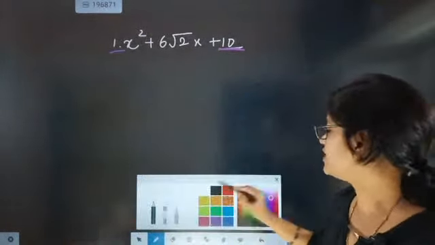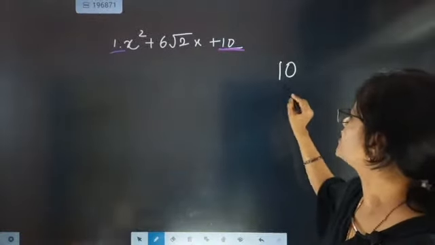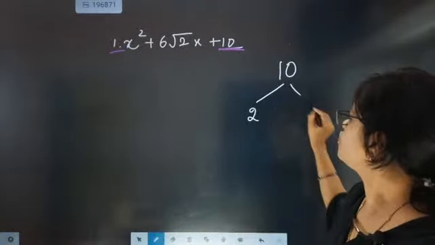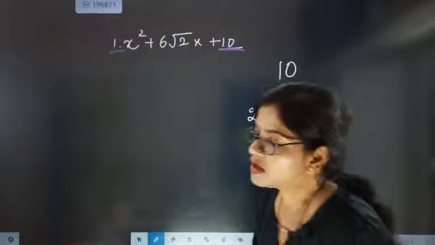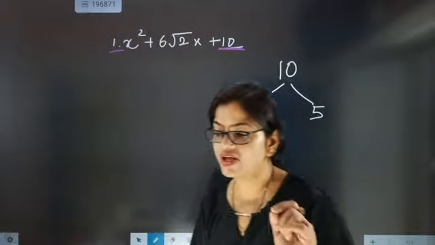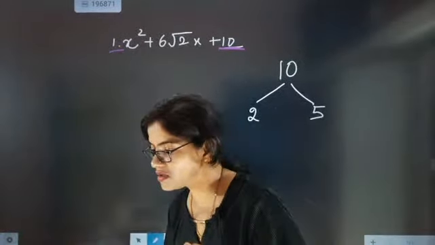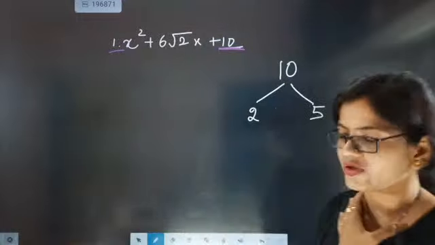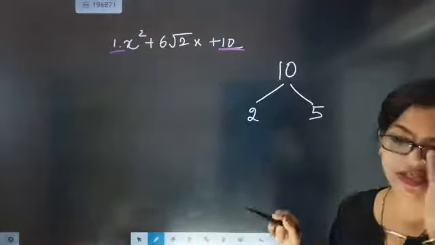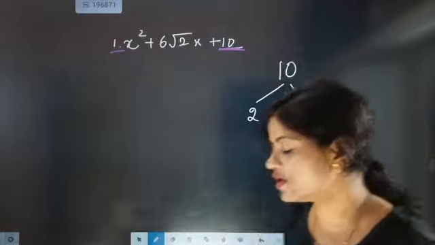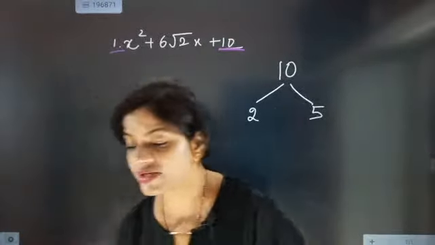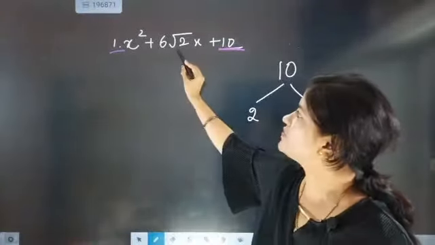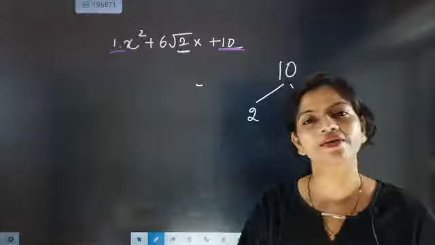So how to write 10? 10 will be written as 2 5s are 10. No problem, I'll be checking that one out. So now look here, root under 10 is written. But here in the question, you are seeing 2 is under root.